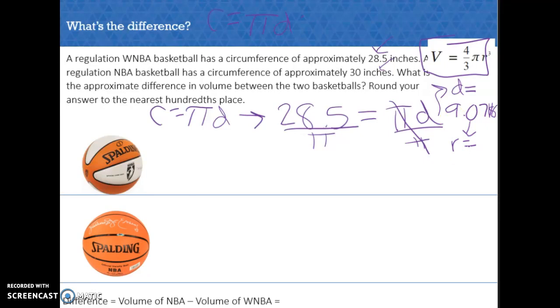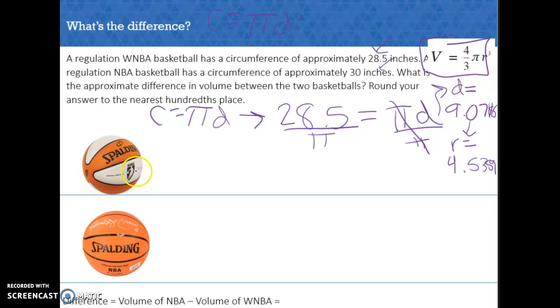If you have it in your calculator, just leave it in your calculator and hit divide by 2. See what you end up with. And you'll get about 4.5359 for the radius.